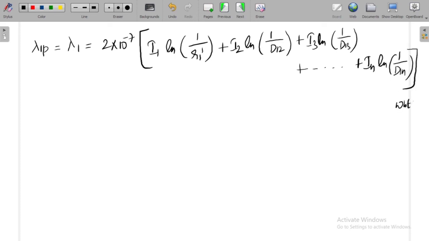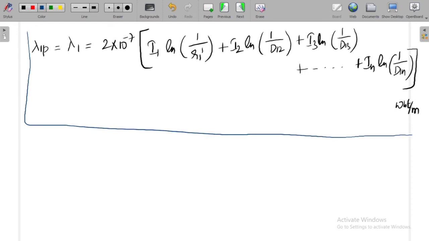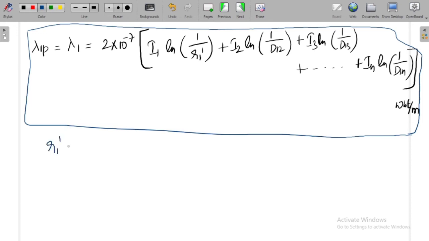If you observe the total flux linkage, what is this equation giving? This equation gives us basically the flux linking the first conductor in a group of n conductors. There are n conductors, and if there is a flow of current, what is the total flux linking the first conductor?